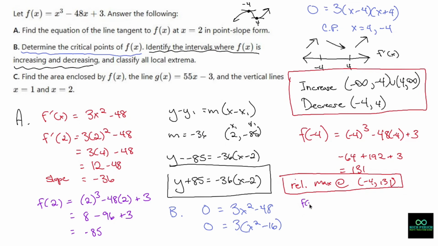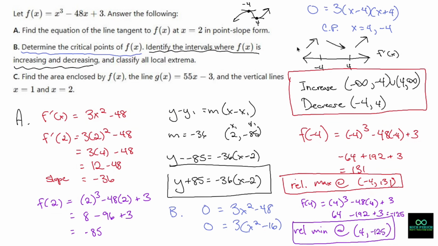So f of 4 is going to be 4 cubed minus 48 times 4 plus 3. So that's 64 minus 192 plus 3, which ends up being negative 125. So my relative minimum exists at the point 4, negative 125.